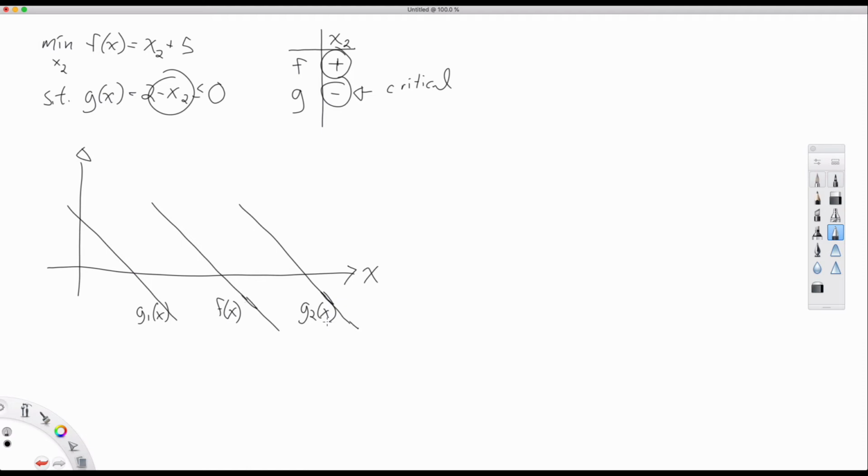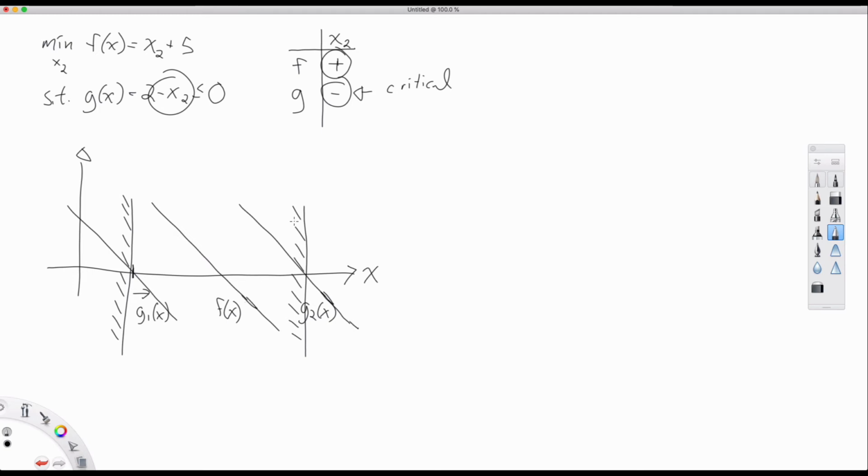If we are looking specifically at g1, it crosses 0 right here, and then if we move to the right, the points are feasible with respect to g1. I can draw this bound; to the left, all of those points are infeasible. But if I look at g2, all of the points to the left of this line are positive, so all of those points are infeasible.